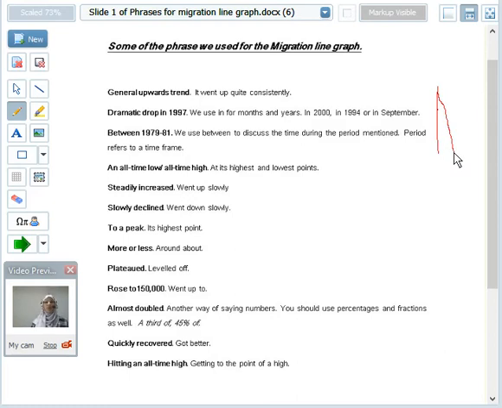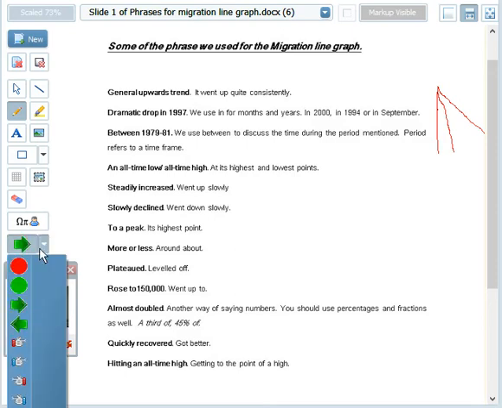A slow drop or a steady drop would be like that. So if we take that as our vertical line, dramatic drops are almost vertical. Exactly the same with a rapid rise or a dramatic rise. They are almost vertical. Okay, let's move on.